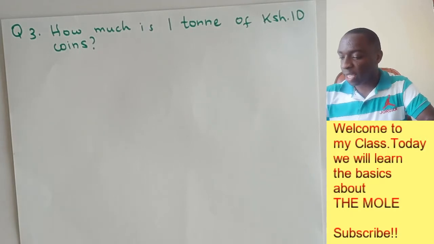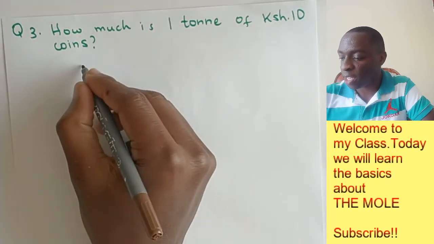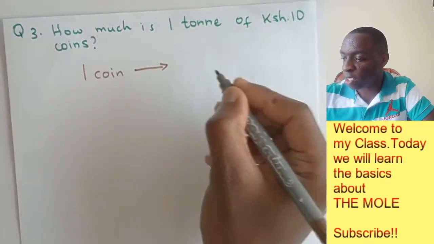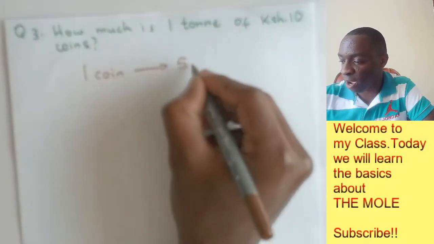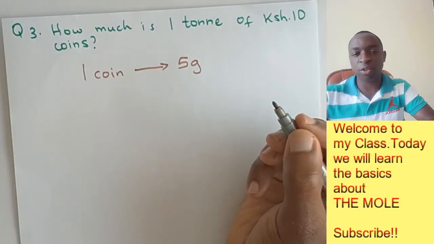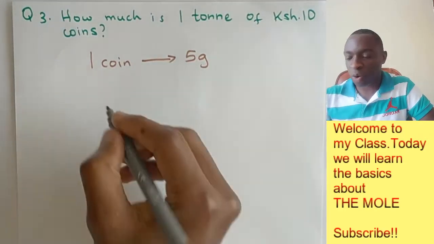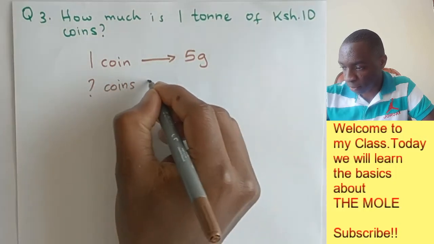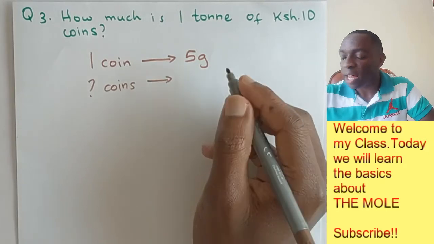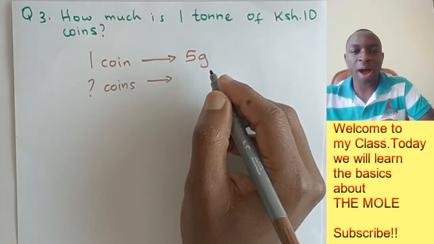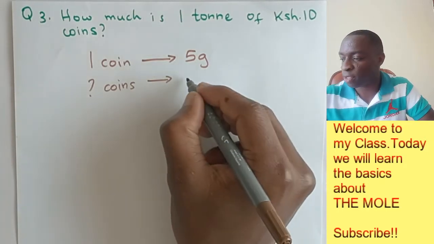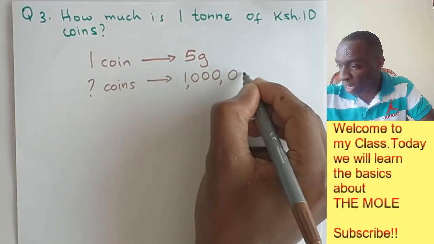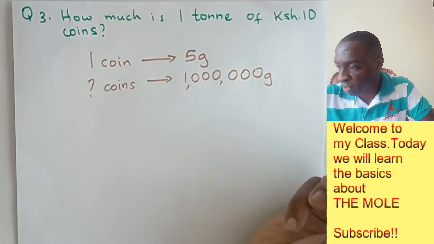Just like we did previously, we have 1 coin of 10 shillings is only 5 grams. And the question is now, how many coins will be 1 ton? Now 1 ton is 1 million grams. So I'll convert this into grams and I'll have 1 million grams.